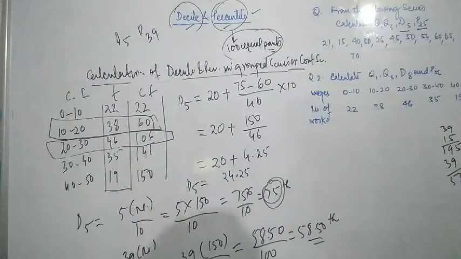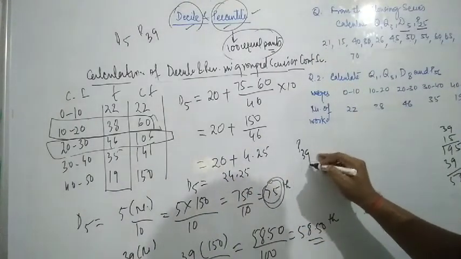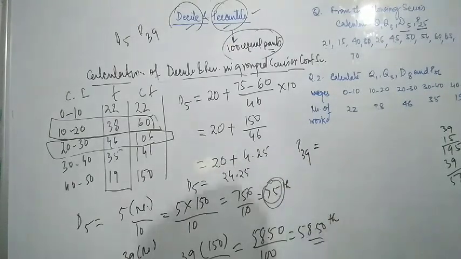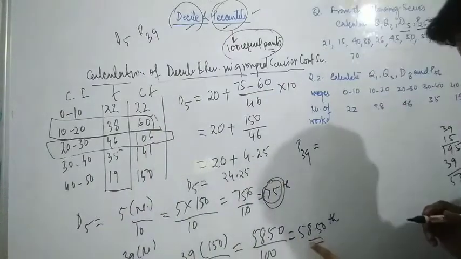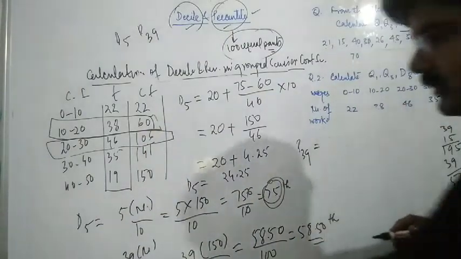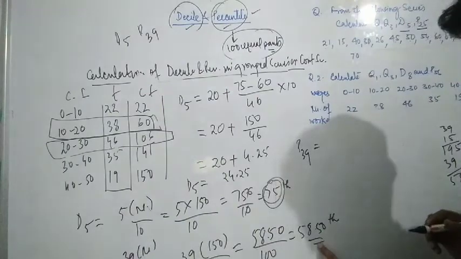Now come to the next part, that is P39. We have just calculated 58.50 as the class interval value.